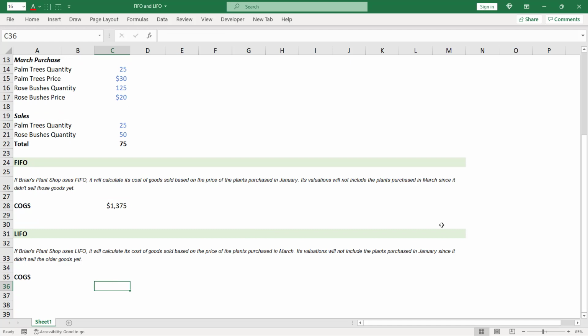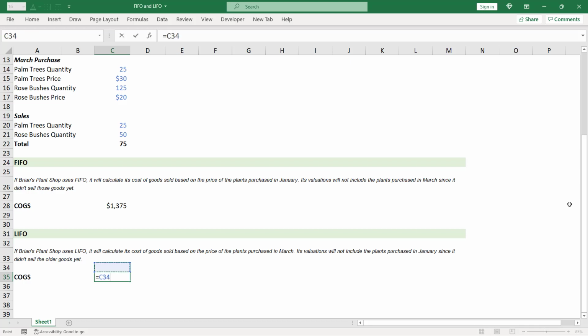Now let's take a look into the LIFO method. If Brian's plant shop uses LIFO, it will calculate its cost of goods sold based on the price of the plants purchased in March. Its valuation will not include the plants purchased in January since it didn't sell the older goods yet.